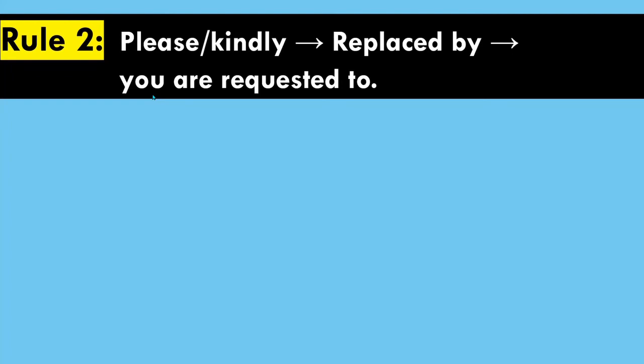So when please or kindly is given, we replace them with "you are requested to." And after to, in infinitive, we always use v1. So whatever v1 is used after please or kindly will be used here, the same as it is, after to.